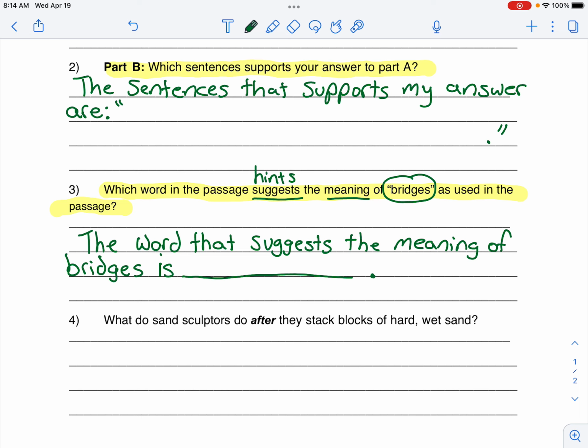Go ahead and pause the video, find the word, and write it right after the word is, and you will have number 3 done.